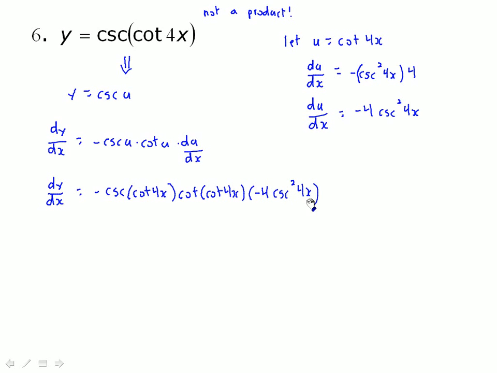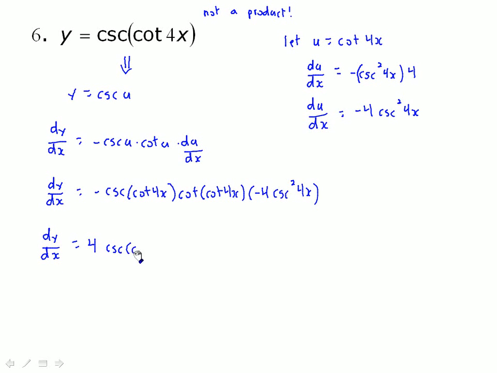And now it's just a matter of writing it out in as simple form as we can. Now I see two negatives being multiplied together. So that's going to be a positive, and then bring the 4 to the front. Now the order doesn't matter otherwise. I'll just keep it the way I've got it.